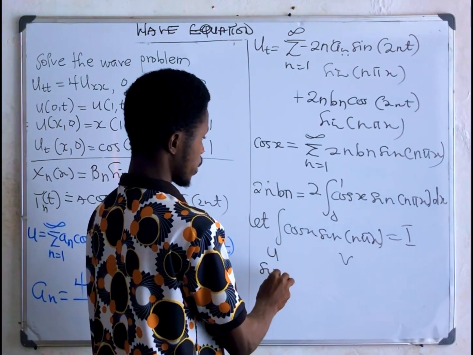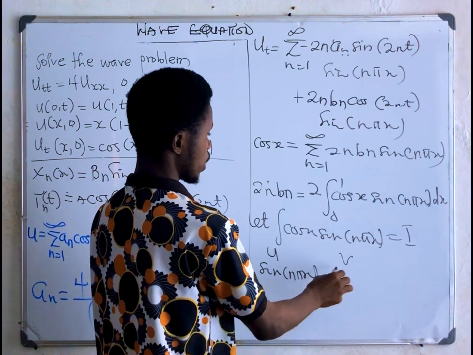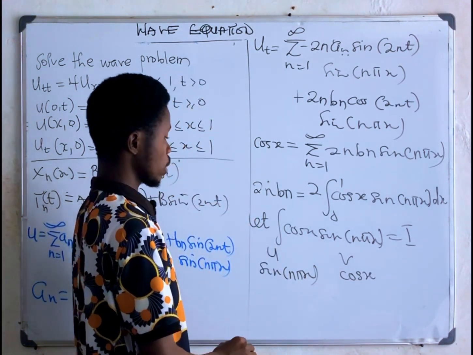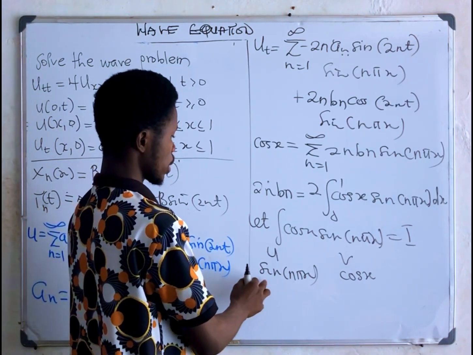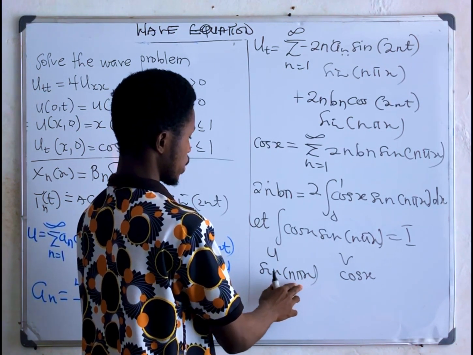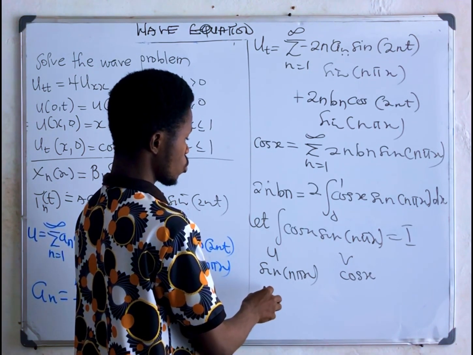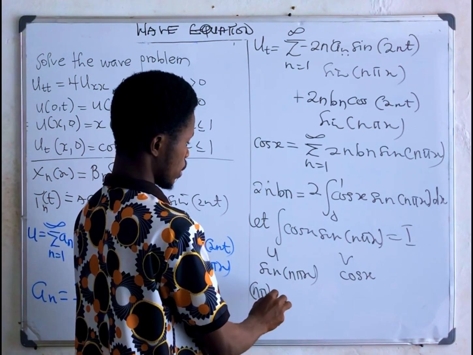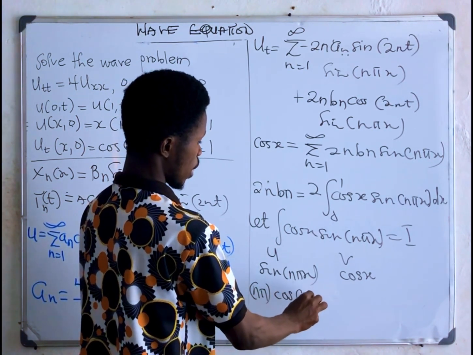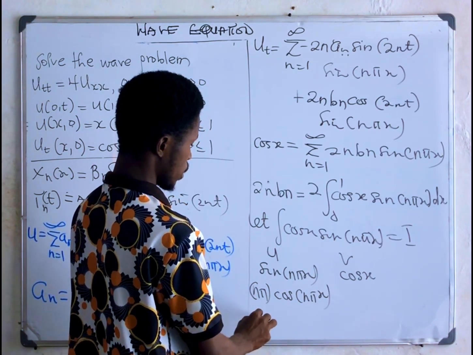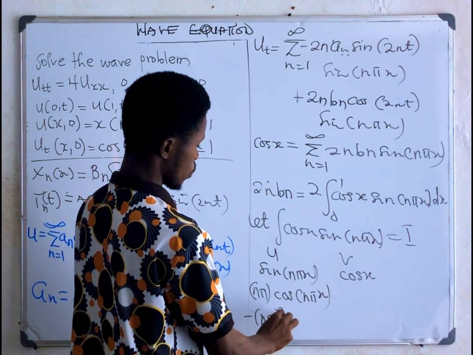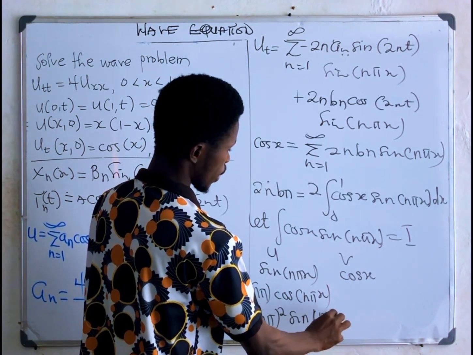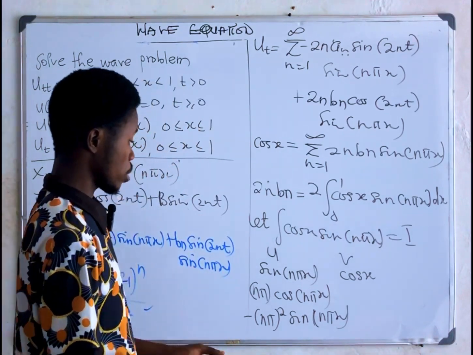I'm bringing my sine n pi x here, and I'm bringing this side to be cos x, okay? Now sine n pi x is going to be, in this one I'm differentiating, so I'm going to have n pi cos n pi x, negative n pi squared sine n pi x.